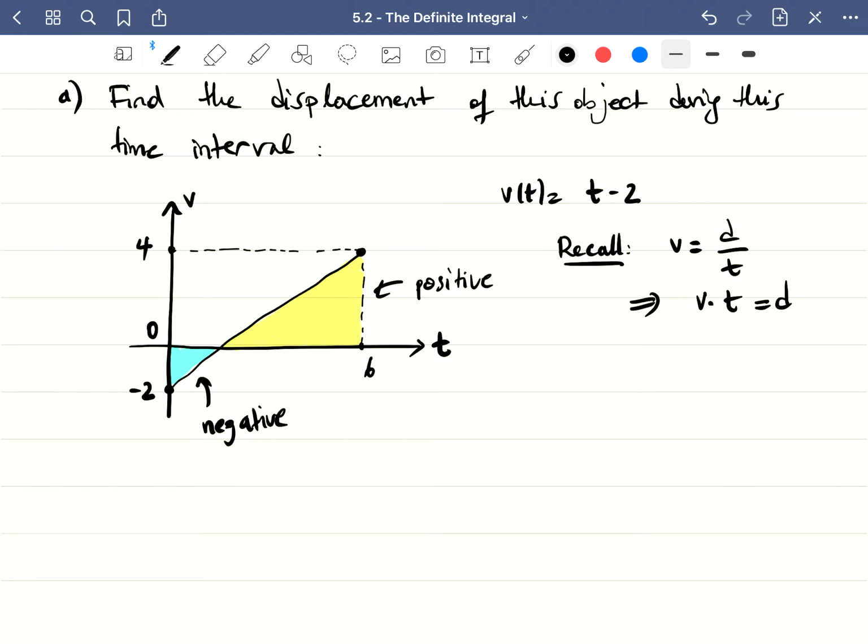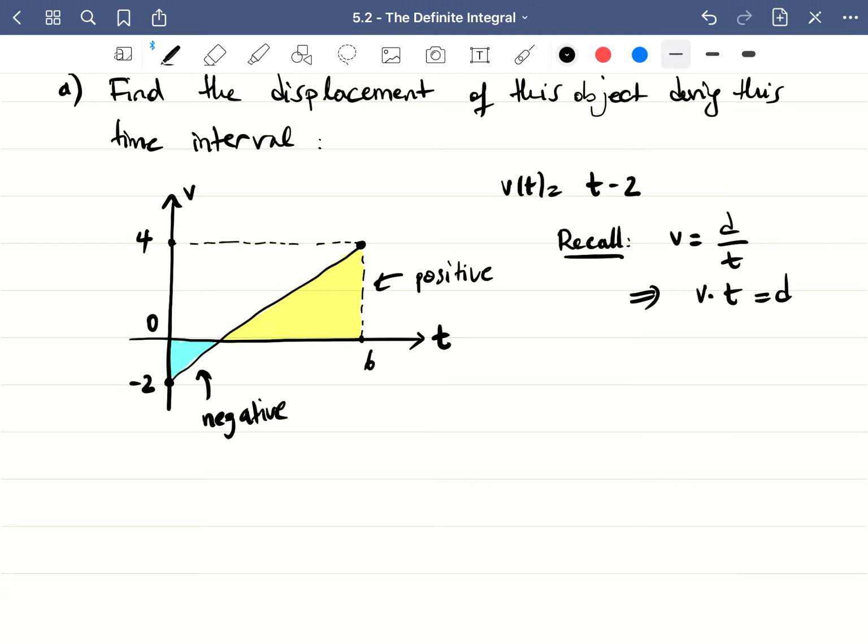Okay, so whenever an area is below the t-axis or the x-axis, it's negative. Whenever it's above the t-axis or the x-axis, it is positive. Okay, so now we just need to find the net signed area, basically.